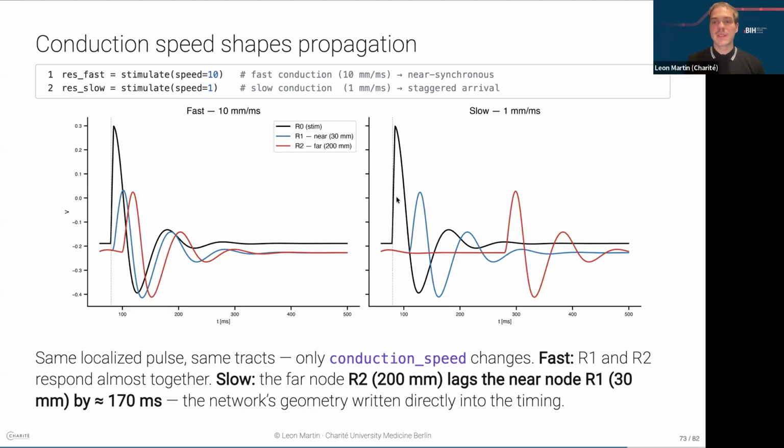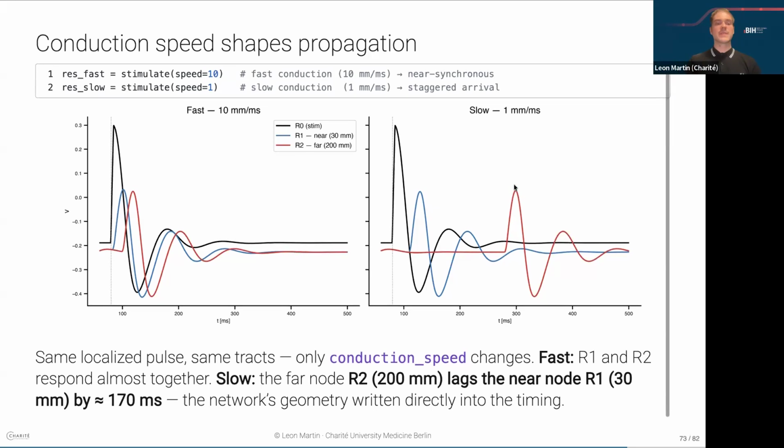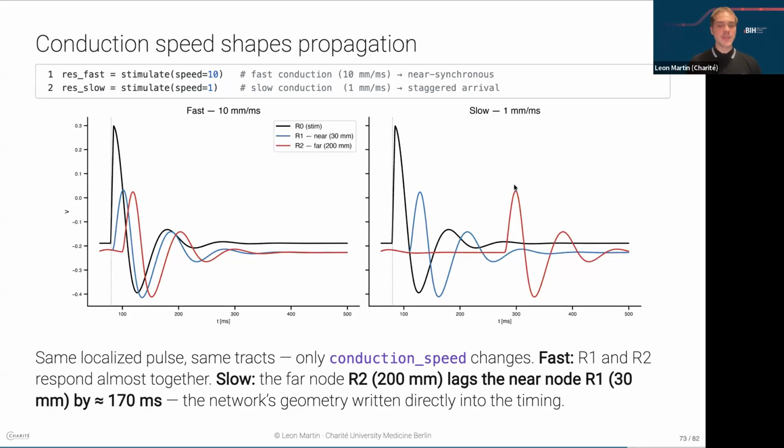So we can see that there's a really slow response of the more distant node. So we have the same pulse, the same tracts, but only if we vary the conduction speed, so how fast the signal travels, we have different response curves and different stimulation-evoked responses.